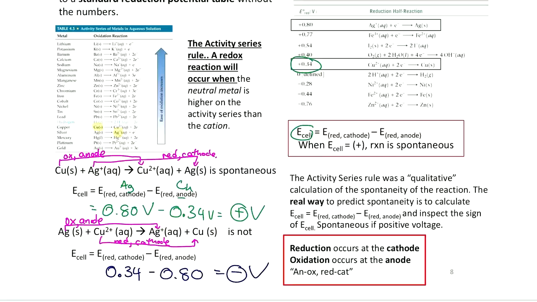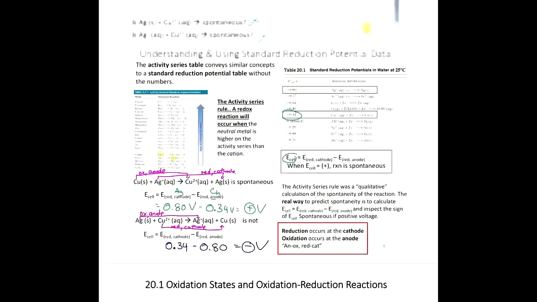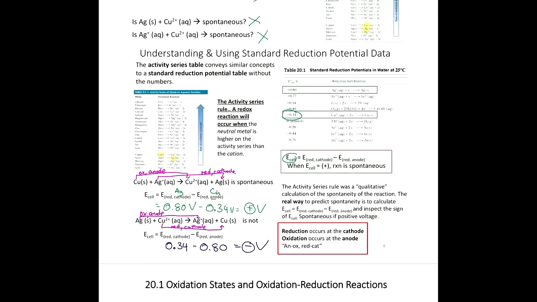Will this reaction happen spontaneously? It will not. What I'm showing you are the numbers that predict the same things we did in 1210: these redox reactions are only spontaneous in one direction due to the cell voltage only being positive in one direction.